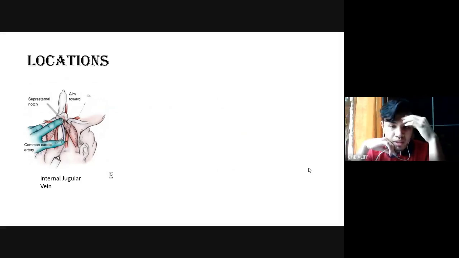So we need a basic knowledge of how to differentiate between the internal jugular vein and the carotid artery, because we want the vein.